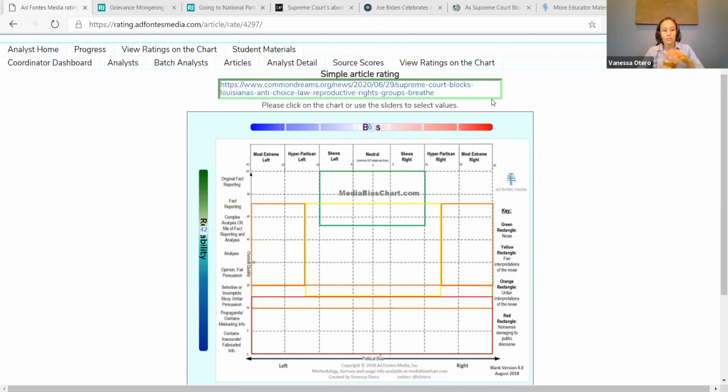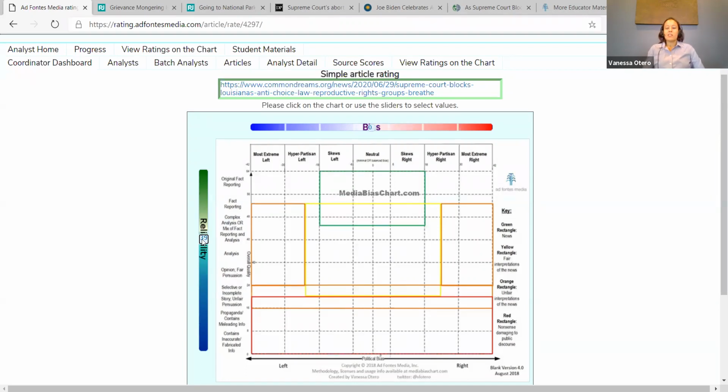Okay, we've got selective or incomplete. We've got a little bit of variety in our responses, which is okay. Selective, okay. We got a score from David, 40, which is right on the line, the higher end of analysis.